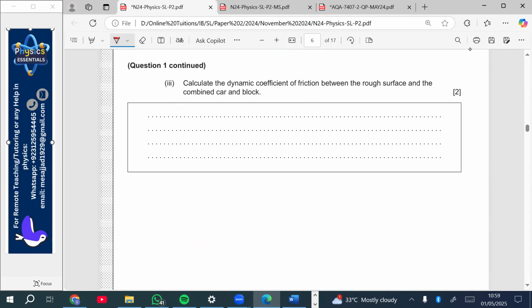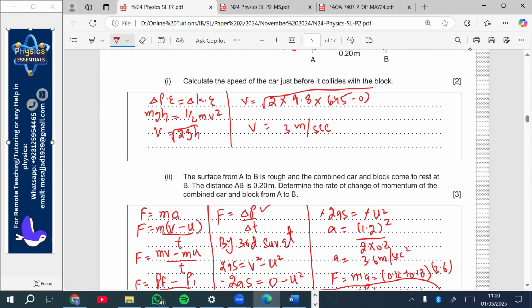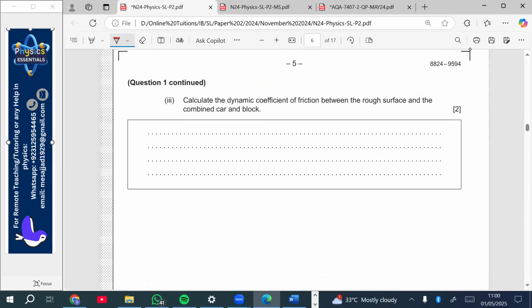Calculate the dynamic coefficient of friction between the rough surface and the combined car and block. Okay, in the previous question, you calculated a force which stopped the car from A to B. It means that is actually your friction force. I can write the friction force is 1.1 Newton from the previous part, and we know for the dynamic coefficient of friction F equals mu R. And this R is actually equal to the normal reaction of the rough surface, right?